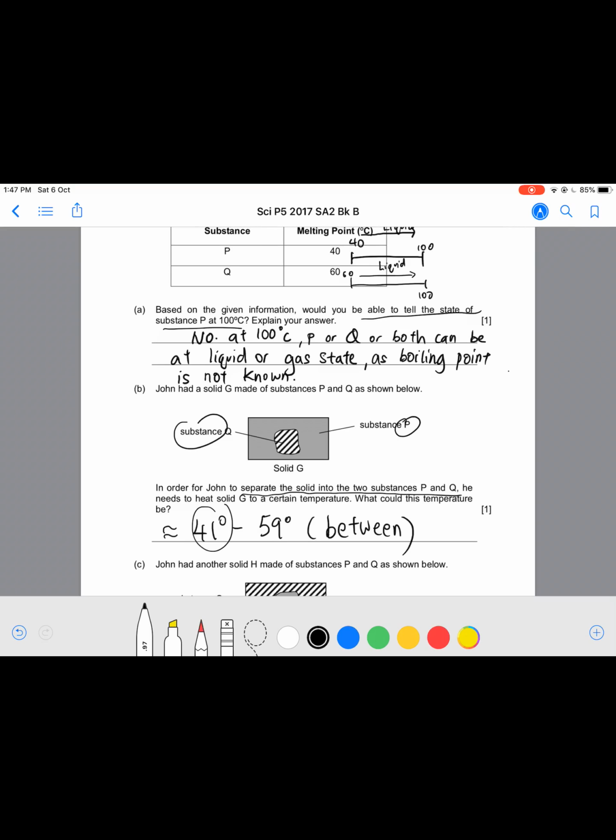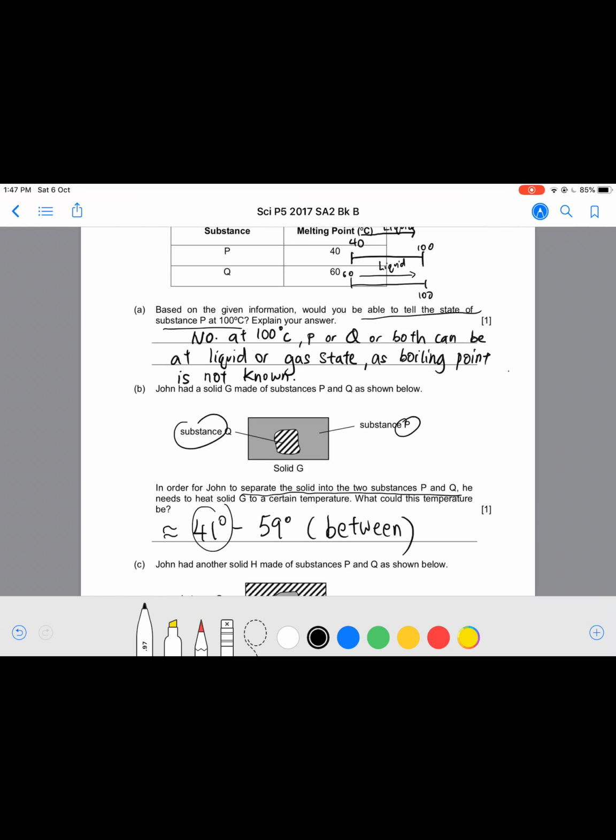If it's 42 also can, 43 also can, 59 also can. Why can 59? Because it means that Q hasn't melted yet. Q is melting at 60, right? At 59, P is melted, but Q hasn't melted yet. So you can still separate them easily. One is a liquid, one is still a solid state. Alright, so that's why it must be between these 2 zones, 41 to 59. So the difference in the state helps you to separate them faster.